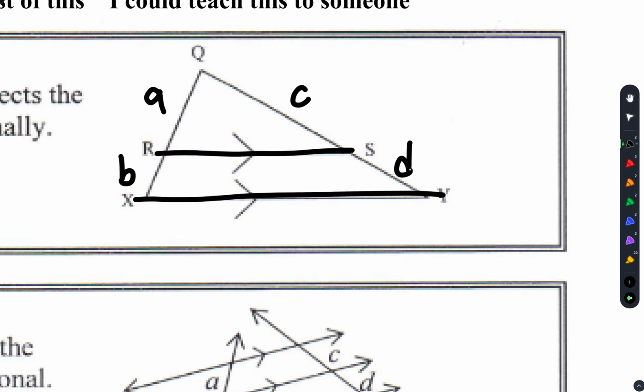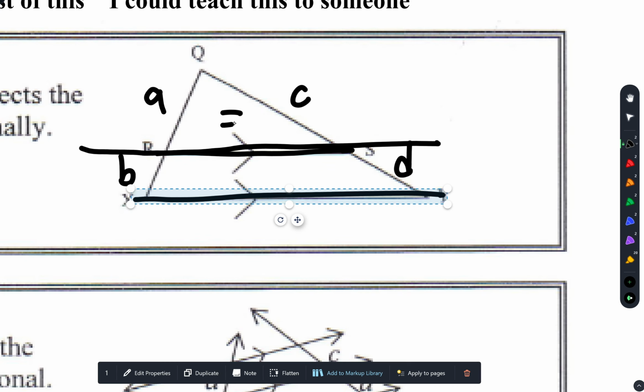I treat that side splitter line, the thing that's in the middle, as like the fraction bar of my proportion. So let's treat this like a fraction bar. Can we see how that proportion is already kind of set up for you here? Imagine putting an equal sign in the middle.